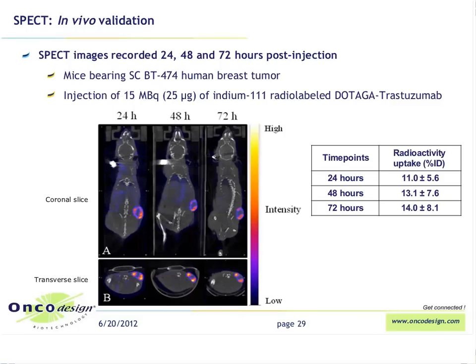You have here the SPECT imaging showing the high specificity of this antibody, and we don't observe significant variation over the time of the tumor signal. The uptake is quite the same over the time, but we observe a slight decrease of the background signal over the time, giving this slight increase in uptake at 72 hours as compared to 24.